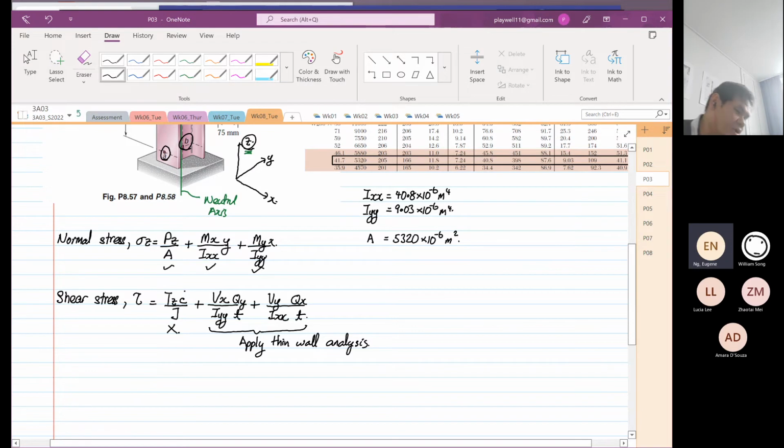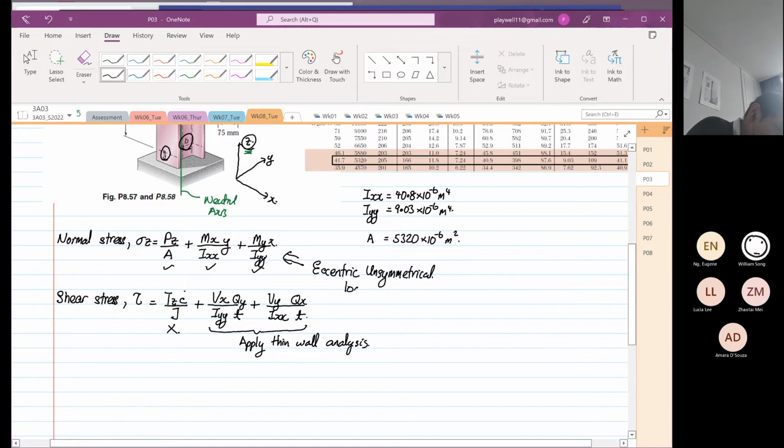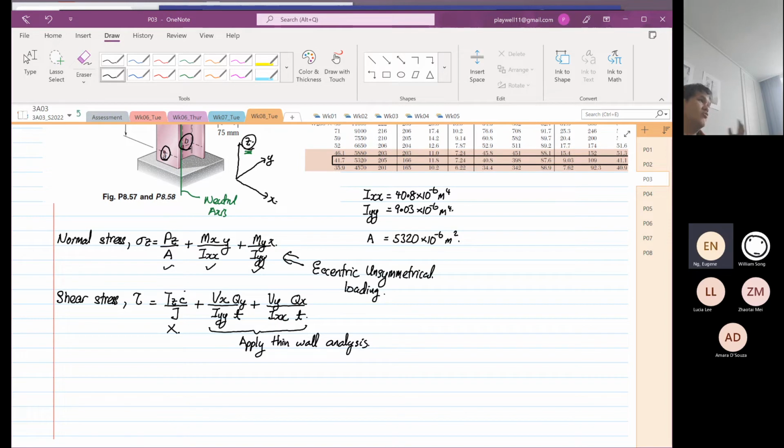We have thin wall analysis, and then the moment over here, as you can see, is an eccentric, unsymmetrical loading. So we have a lot of components over here, but it's not that difficult. Once you apply the rules that I gave you, it's pretty straightforward.